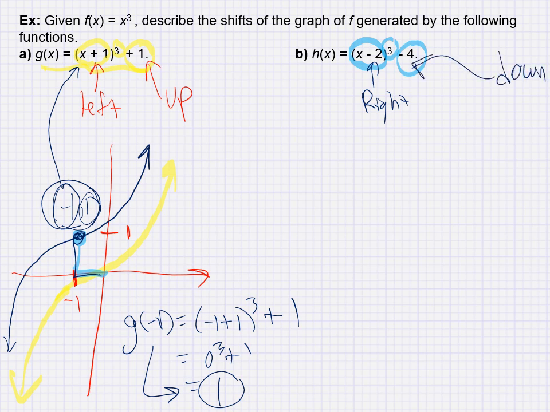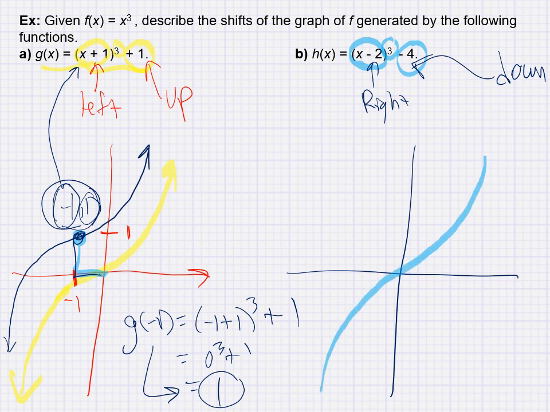So again, if I was to graph this function and I know what the basic shape should be, the basic shape should be this cube S-curve shape. And this is not 100% accurate. We're really just getting a rough sketch in here. But I know I should move it 2 to the right, so 1, 2, okay? And then I should go down 4, so 1, 2, 3, 4.